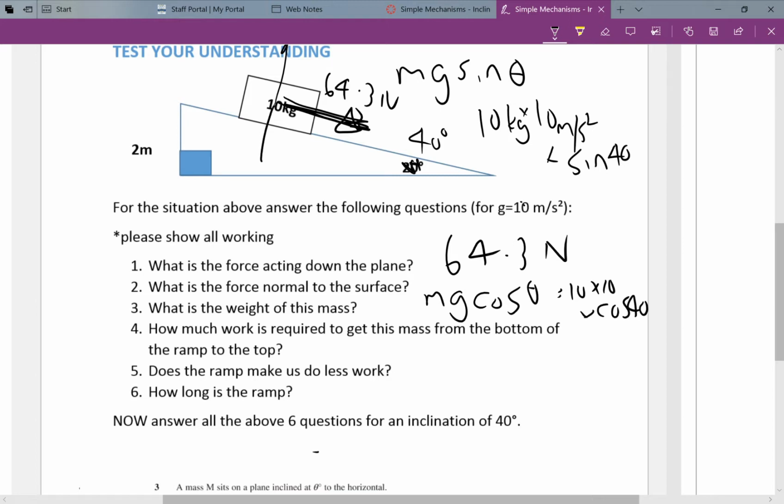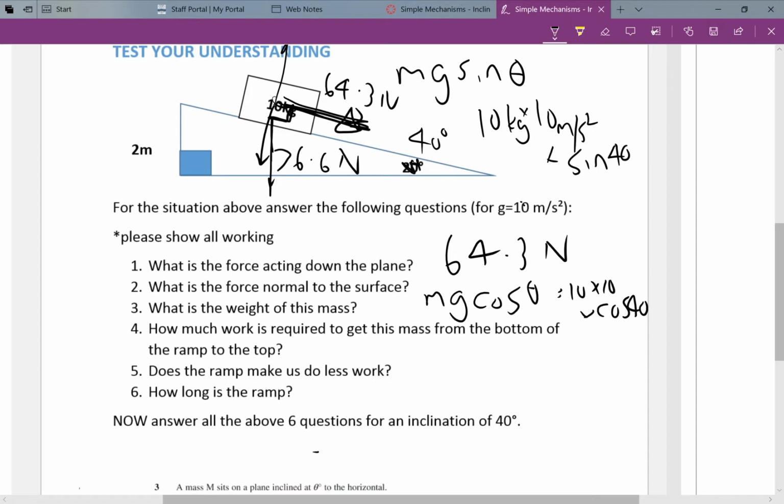So force normal to the surface is going to be 76.6 newtons acting down. The mass acts straight down, okay? It's going to always be the same, mass times gravitation, okay? So that does not change, the weight does not change. The ramp does not make us do less work.